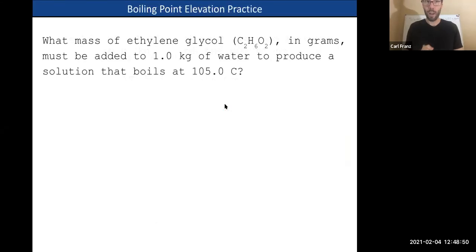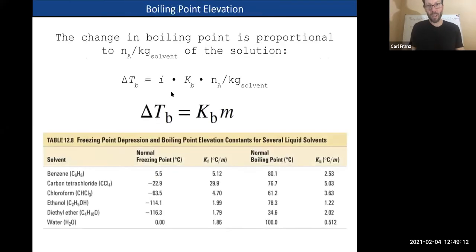And so let's try it. We have a mass of ethylene glycol, which we've done before, in grams. What mass of ethylene glycol must be added to 1.0 kilogram of water to produce a solution that boils at 105 °C, okay? So again, remember this lower equation.